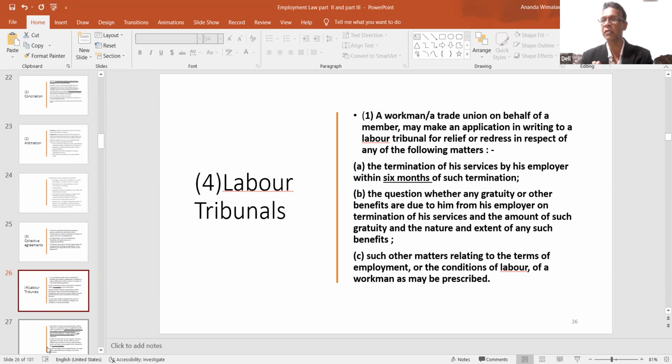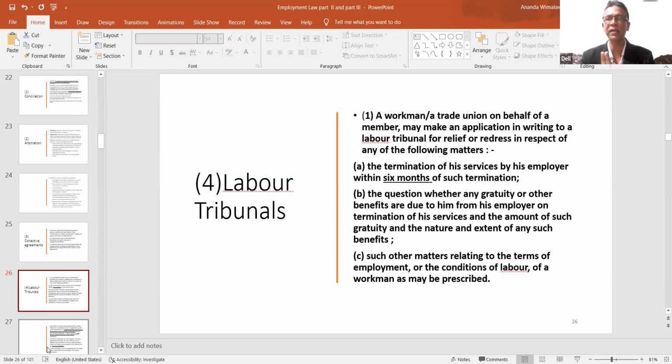Otherwise, it becomes a non-live industrial dispute. You have to have a live dispute. If you do not go before 6 months, then you will be in trouble.